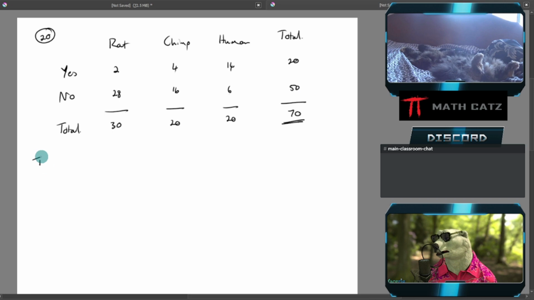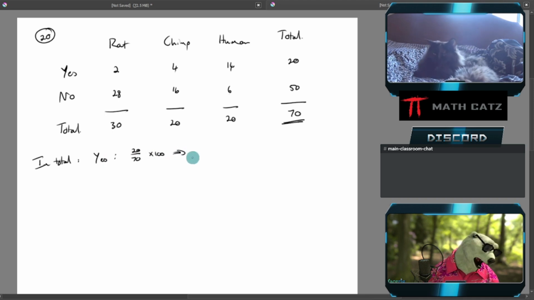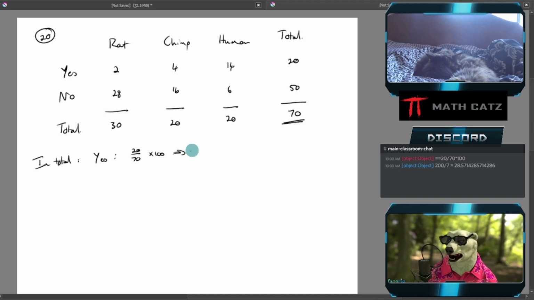So let's say here in total, the yes was 20 out of 70. We change that to a percentage. We get, well, I'll do it in the calculator, sure. If you don't know your sevenths, that might need a calculation. And we get 28.57%. And for the no's, we of course get the rest, 50 out of 70.